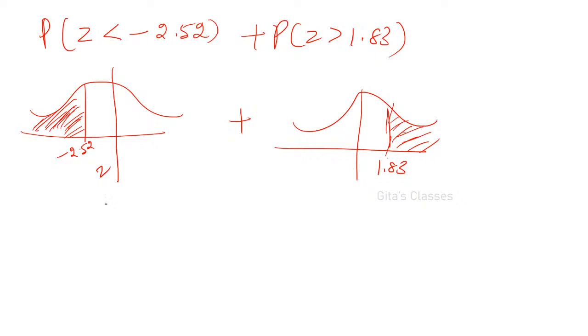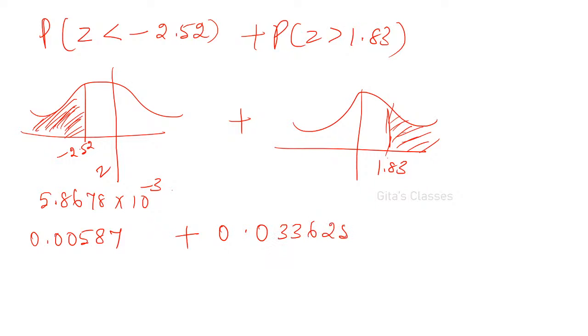So you will be getting 5.8678 into 10 to the power of minus 3, or you can write 0.005868, plus R of 1.83, which is 0.033625.